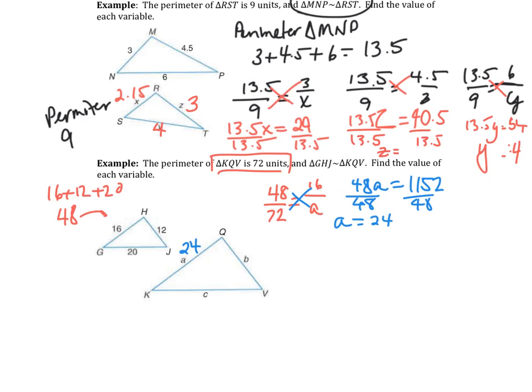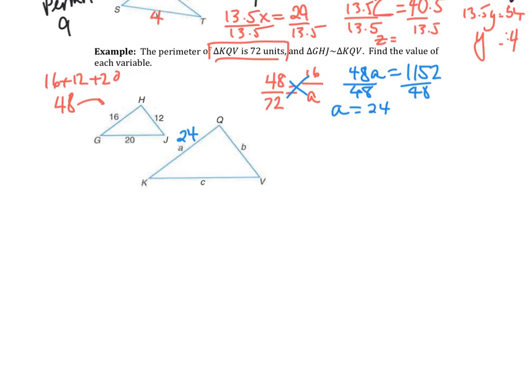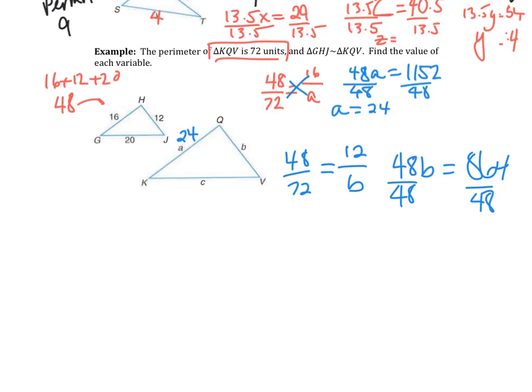I'm going to use that same 48 over 72, and now 12 over B. So I've got 48B is equal to 12 times 72. 12 times 72 is 864. Divide that by 48, and I've got B is equal to 18.